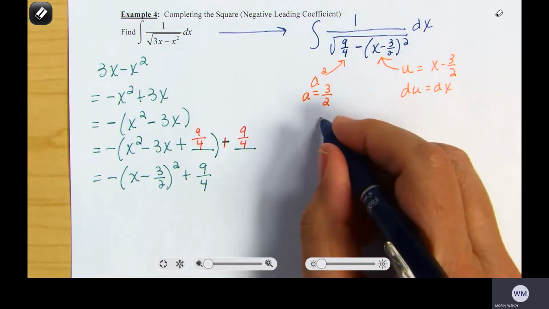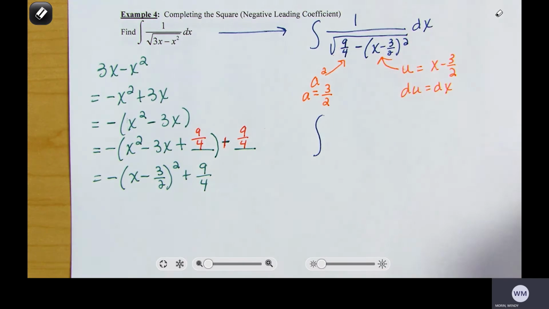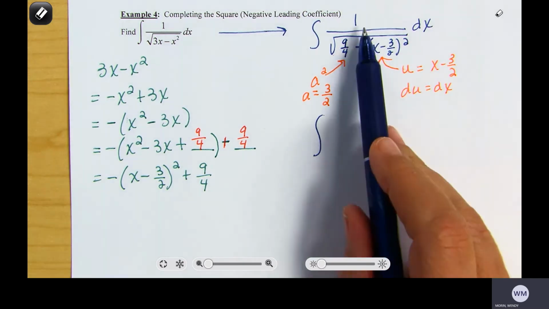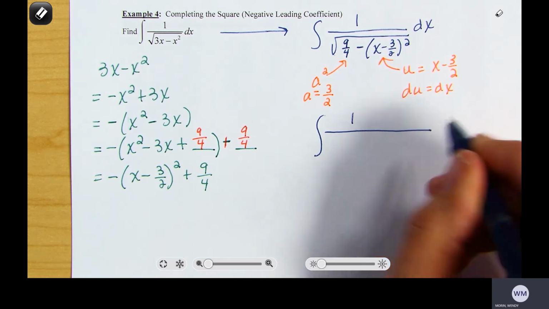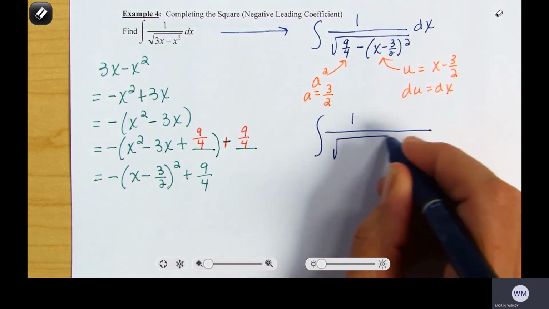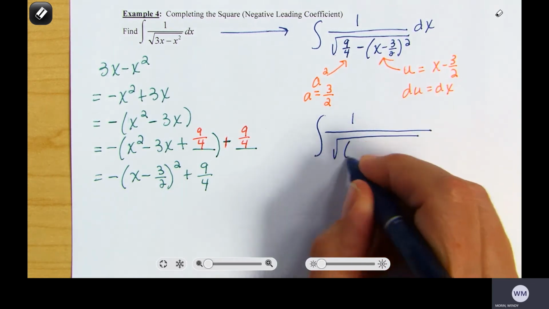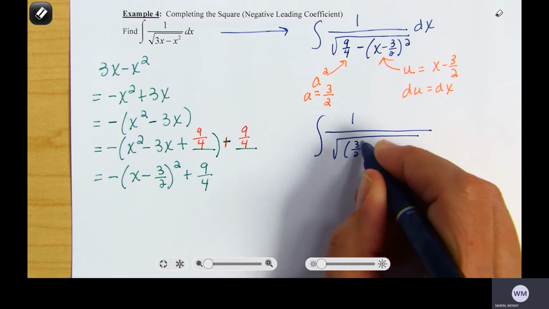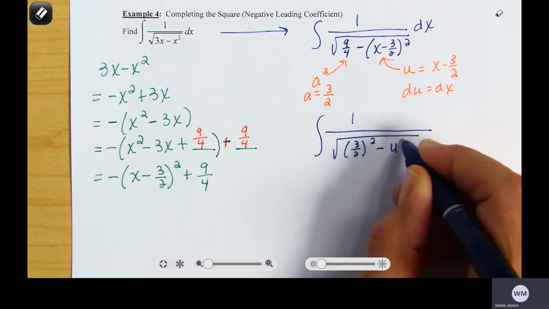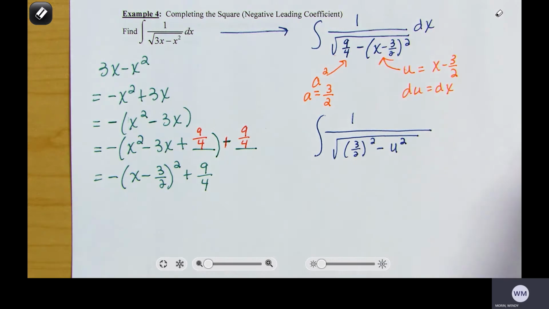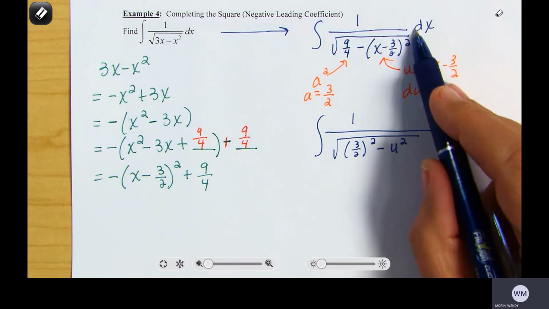So if we rewrite it in terms of u, we have the square root of a squared minus u squared. And then what's our dx?